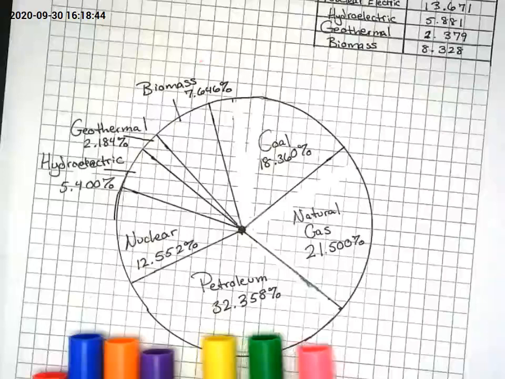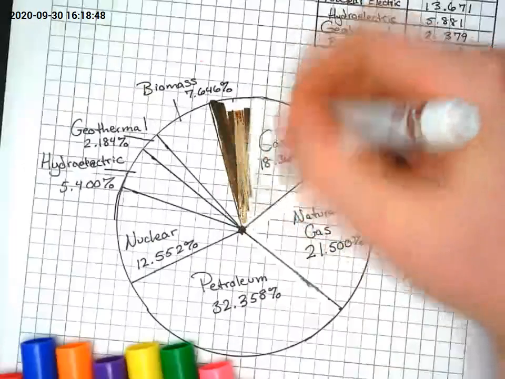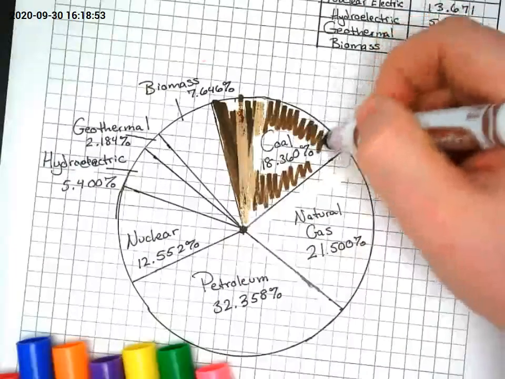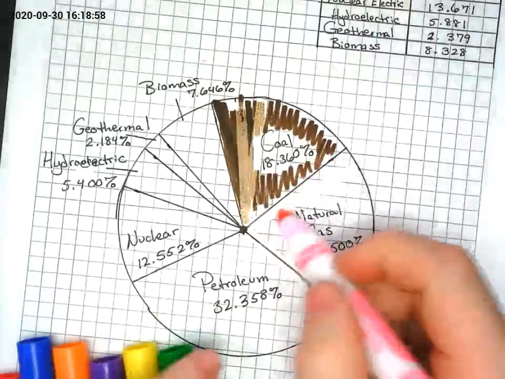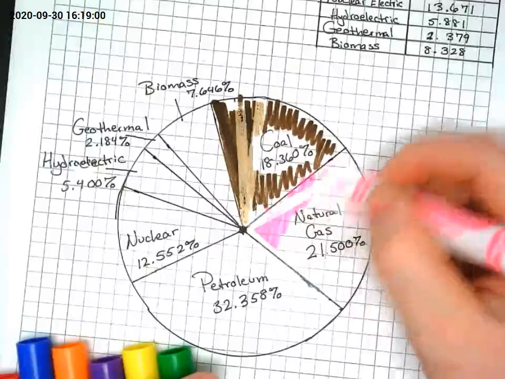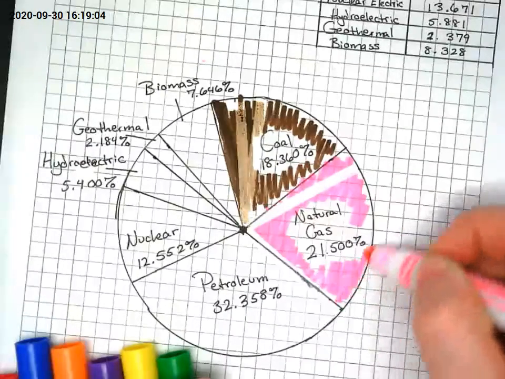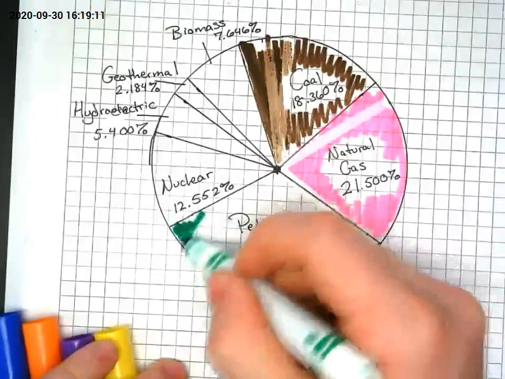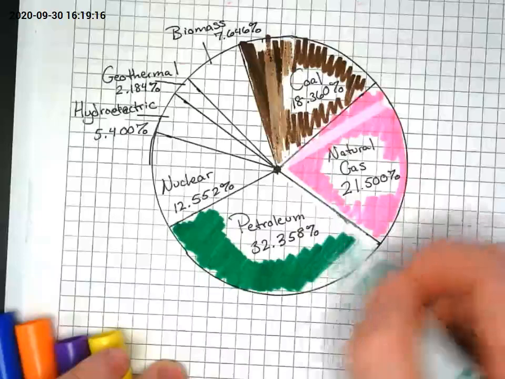So coal, let's just make coal brown. Oh, let's just be quick about it. And it's always great to have color in your pie charts because it just makes it pop. It makes it look good. It makes it look presentable. It makes the proportion of your pie graph, of your circle graph, just that much more appealing and pop out to the reader.